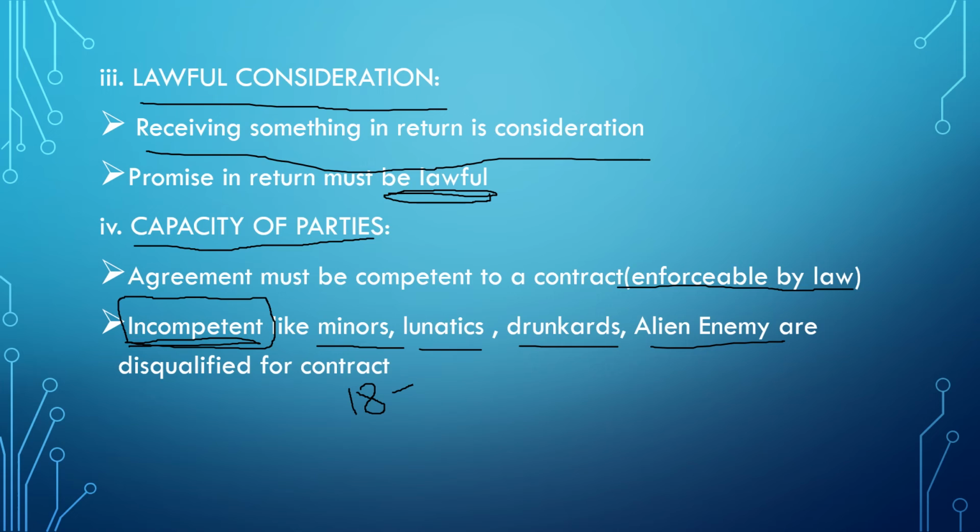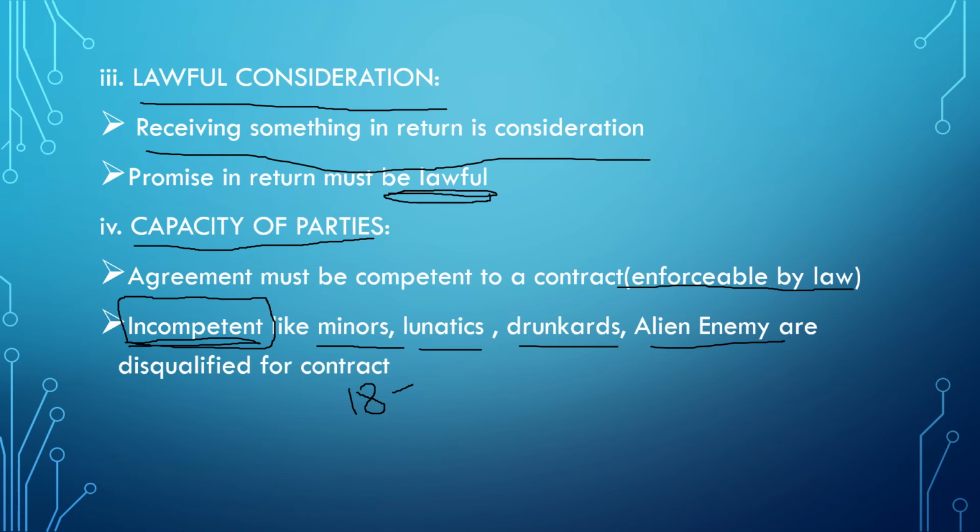A drunkard means one who always has alcohol will be called a drunkard. And alien enemies means, for India, Pakistan is an alien enemy. Some countries have enmity, or don't have any peaceful relations, so those countries will be called alien enemies.